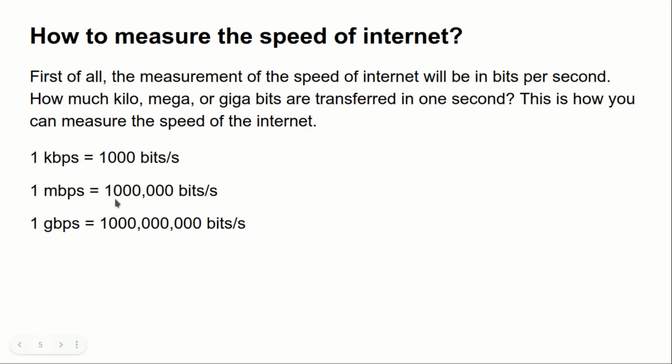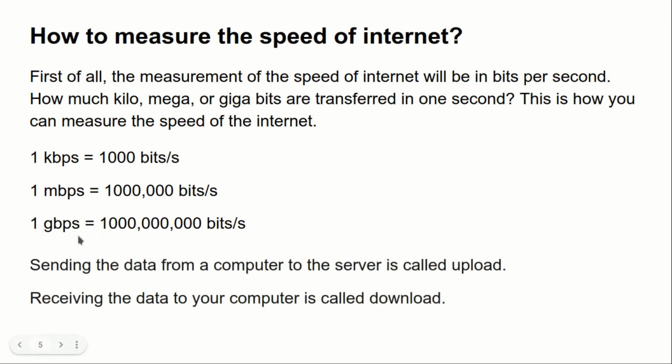Similarly, if 10 raised to the power of 6 bits are transferred in just 1 second, this is equal to 1 Mbps, megabits per second. And that also applies to gigabits. If 10 raised to the power of 9 bits are transferred in 1 second, this is equal to 1 Gbps. Alright. So sending data from a computer to the server is called upload, and receiving data back to your computer from a server is called download.